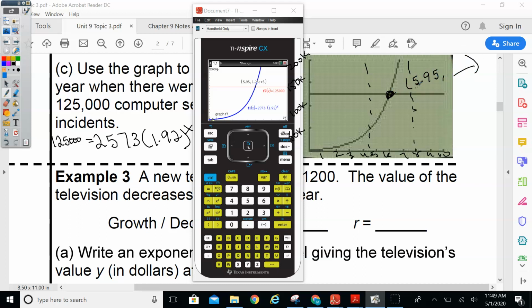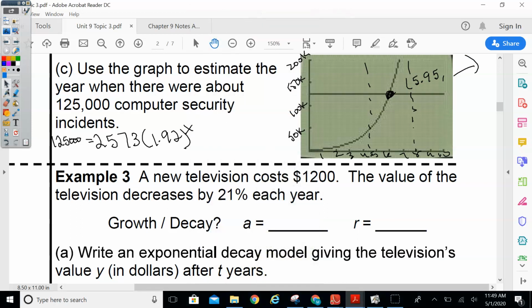This is the answer. So if we round that, we can say that it's about 6 years. I mean, we can see that from the graph. It's right there at 6. But to find the exact one, you do the intersection.